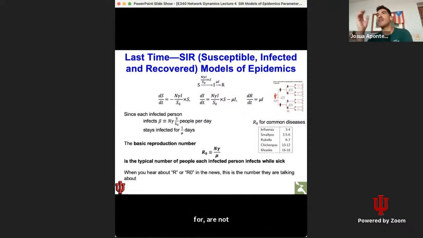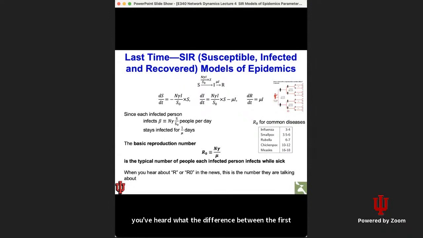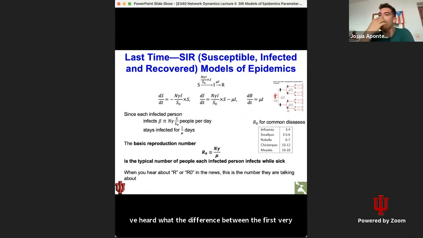And yeah, this number has been extensively discussed in the news regarding COVID, and I don't know if you've heard what the difference was between the first variant of COVID and the Delta variant.